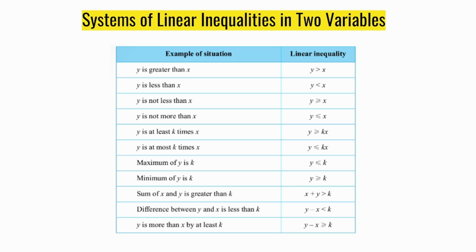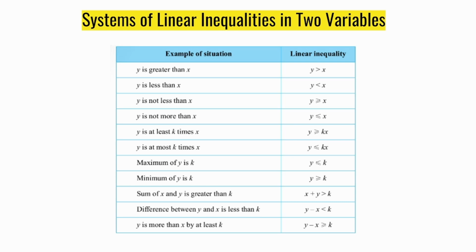And then finally, when there is another extra value, which in this case we would use k. So over here as an example, y is at least k times x. You would put y is greater than or equal to k multiplied by x.